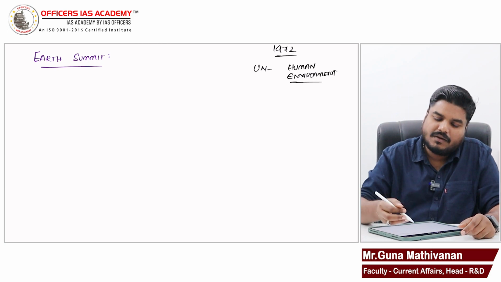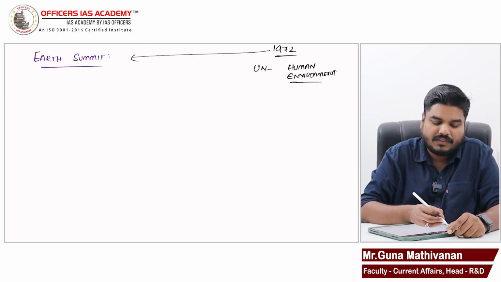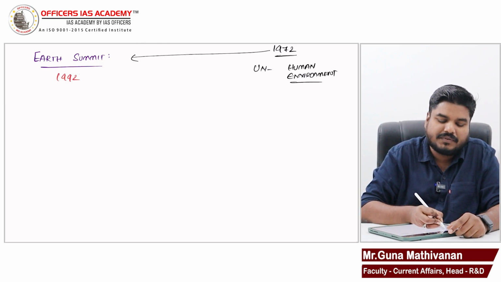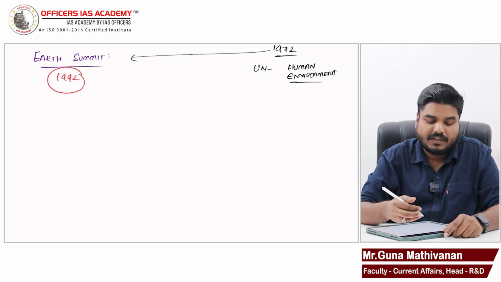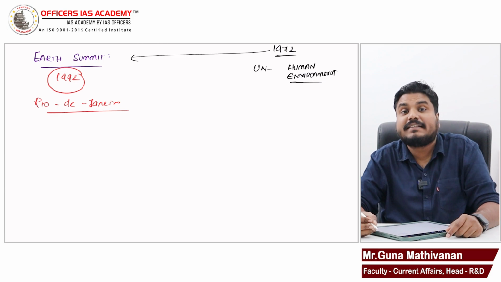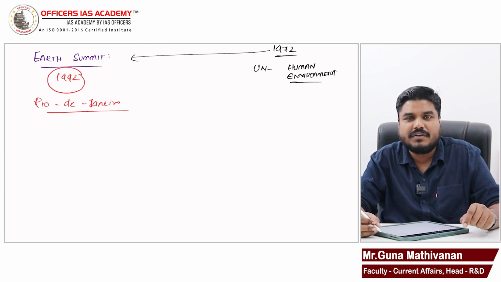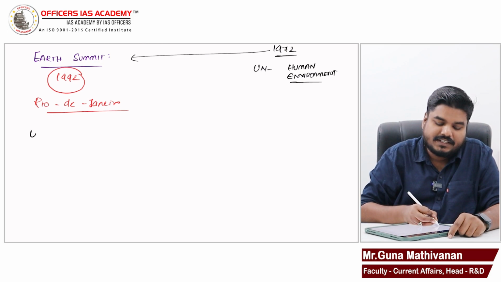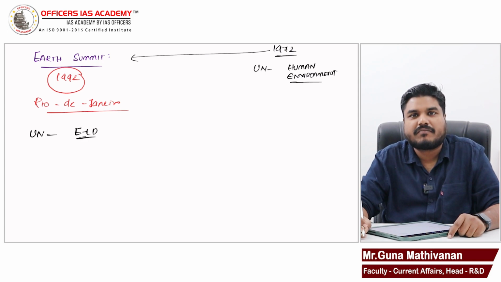Right? Now, after 20 years from 1972, in 1992, that is 20 years after the Stockholm Declaration, in a place called Rio de Janeiro, in Brazil, UN was organizing an important conference, the UN Conference on Environment and Development.